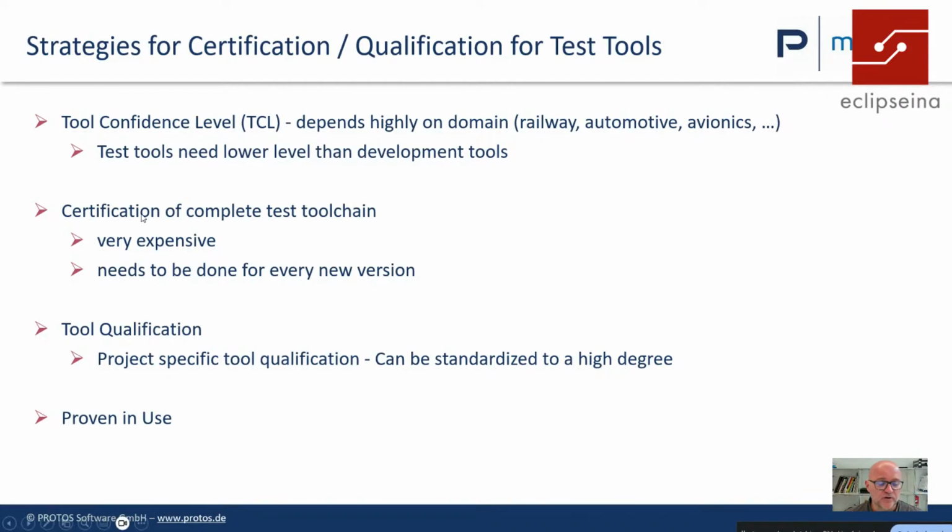You could also certify the complete test tool chain. That's extremely expensive, and it needs to be done for every new version. So that's usually a very expensive way that's not done. It's prohibitive in many cases. And you can also do a project-specific tool qualification, and this can be standardized to a high degree.